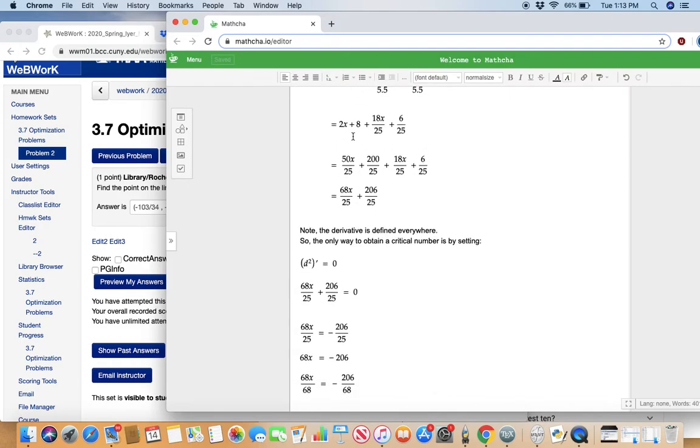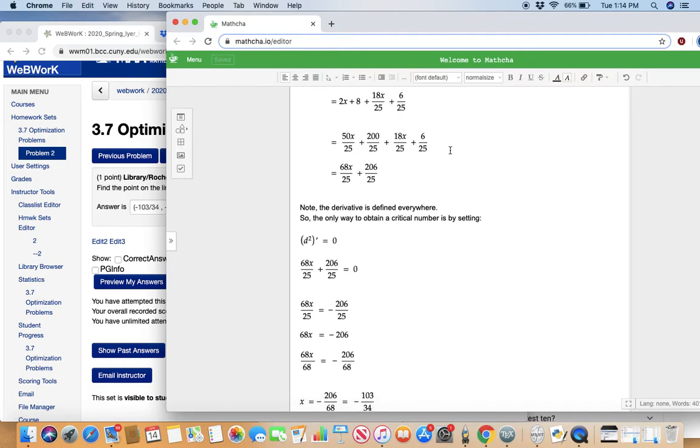Denominator is 25. So common denominator of 25. So let me write 2x as 50x over 25. So that gets me common denominator here, multiplying by 25 if you like. 8. Again, multiply by 25. You get 200 over 25. That's 8. The rest as they are. Why would I do this? So as to simplify.